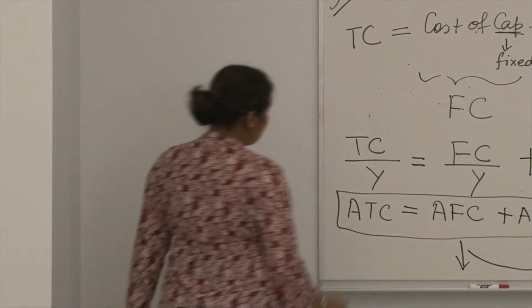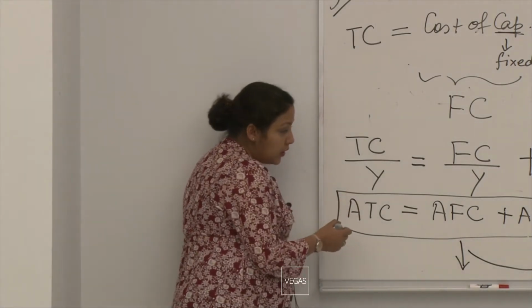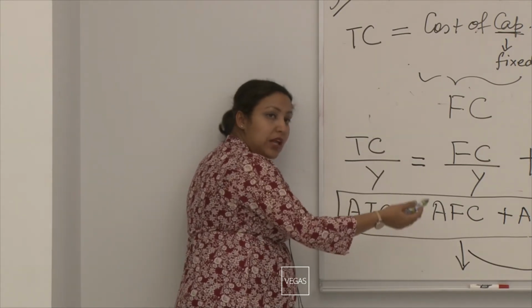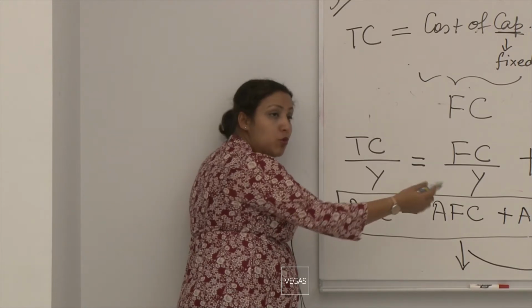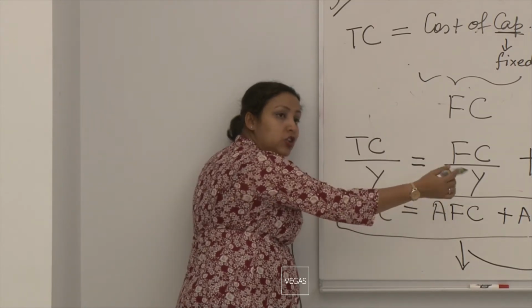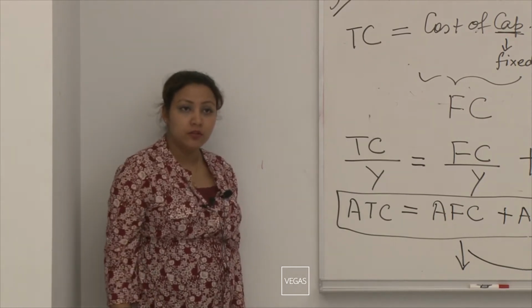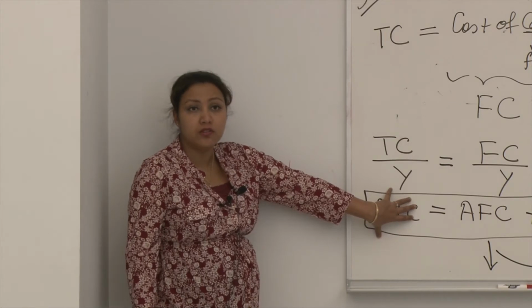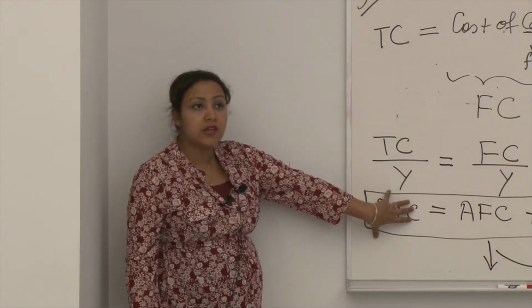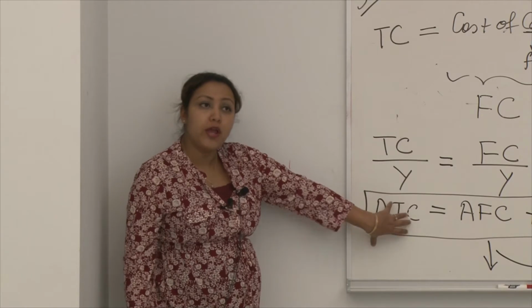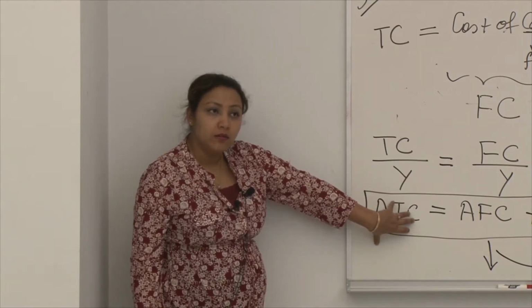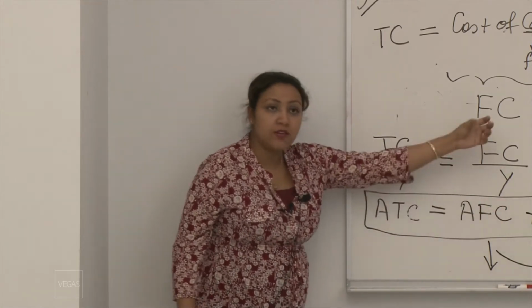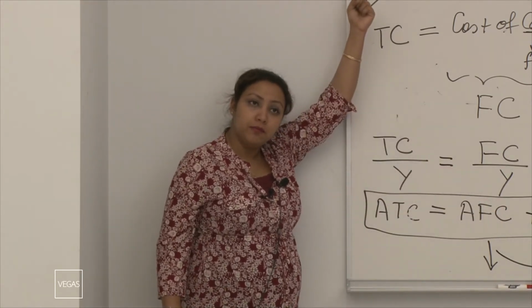Now I have this ATC, the average total cost. You can see that the average total cost depends on two things, the AFC and the AVC. As you produce more output, one goes in one direction, the other goes in the other direction. So I don't have a certain result for ATC as Y increases. As output increases, I cannot say for sure what would happen to ATC. Why? Because AFC will try to pull the ATC down, whereas the AVC will try to pull the ATC up.